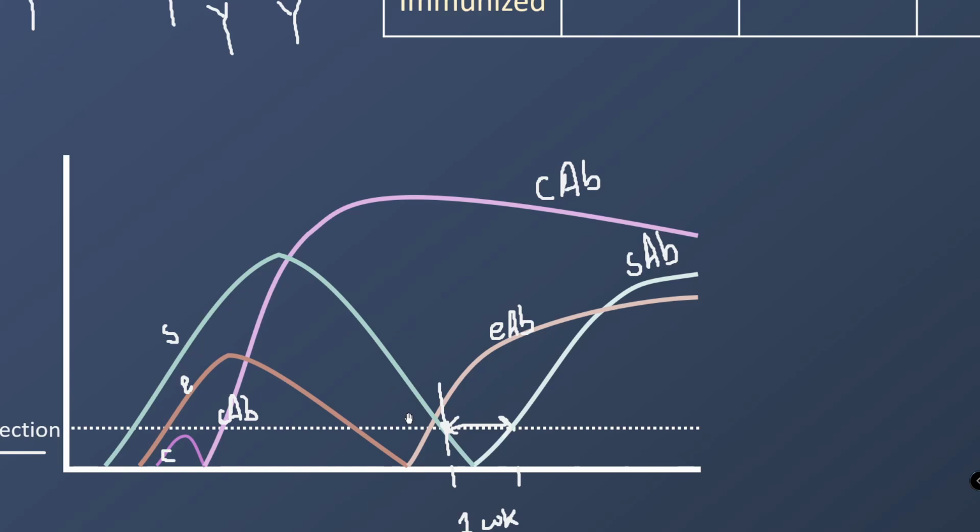Before this point, surface antigen was in excess, so it was detectable. After this point, surface antibody was in excess, so it is detectable. Whatever thing is present in excess will lie freely and become detectable.